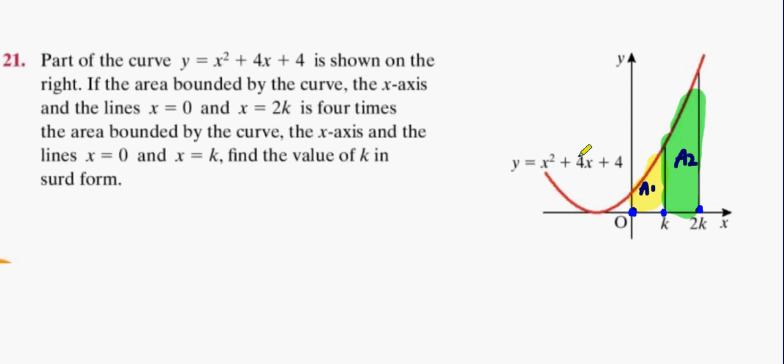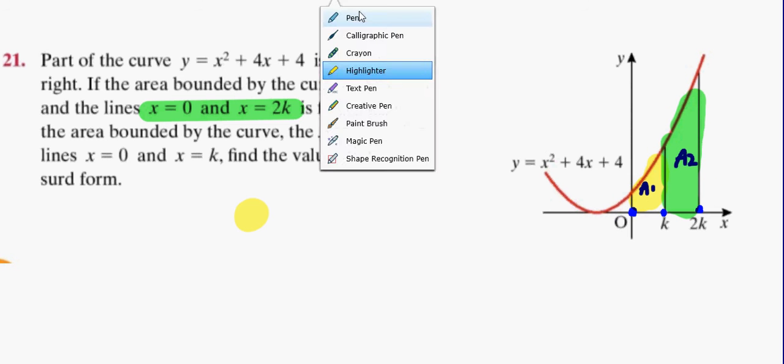So the x-axis lines, these two, is 4 times. Oh, thank you. Total area, not just the starting off point. So yellow plus green, yeah. Yellow plus green is 4 times yellow. Is that alright? So here we go.